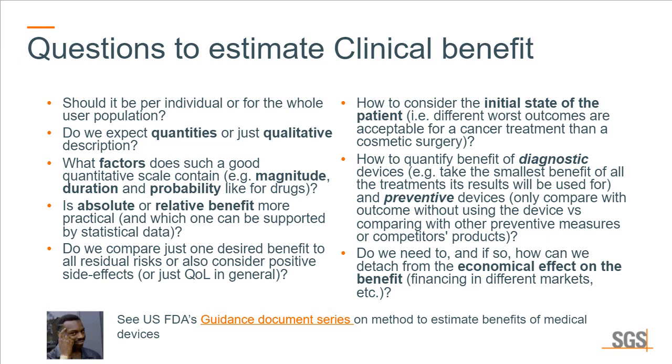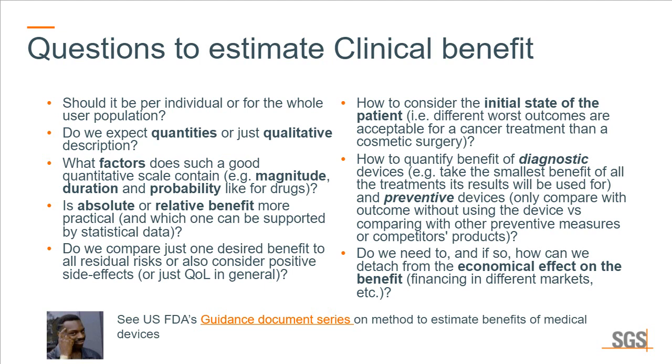Are you looking at absolute or relative benefits, which can be supported by statistical data? So relative benefit takes into account the starting condition of the patient. Absolute benefit only talks about where the patient ended up being in their health state or quality of life.